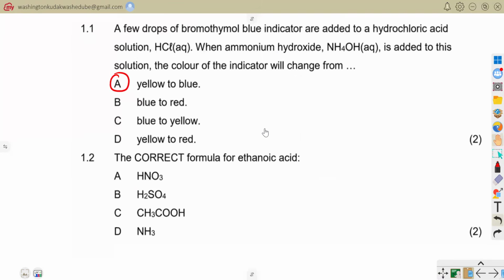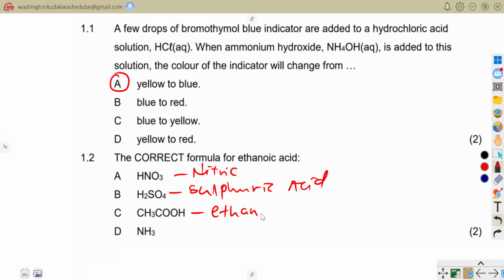Now we are saying that the correct formula for ethanoic acid is what? Out of these options, which one is ethanoic acid? We know that this one is nitric acid. This one is sulfuric acid. And then this one is what we refer to as acetic acid or ethanoic acid.